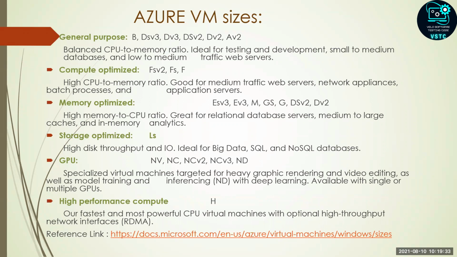So before choosing, for example, if a customer asks, you have to give the correct size based on the requirement and the customer's utilization, right? We have to understand the requirement from the customer, and then we can give the size. I'll show you that. Not only this, there are a number of sizes. I'll show you while creating the virtual machine what sizes are available.